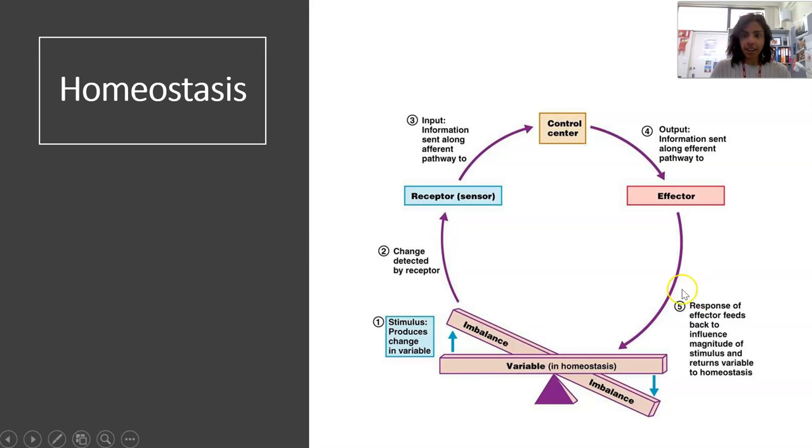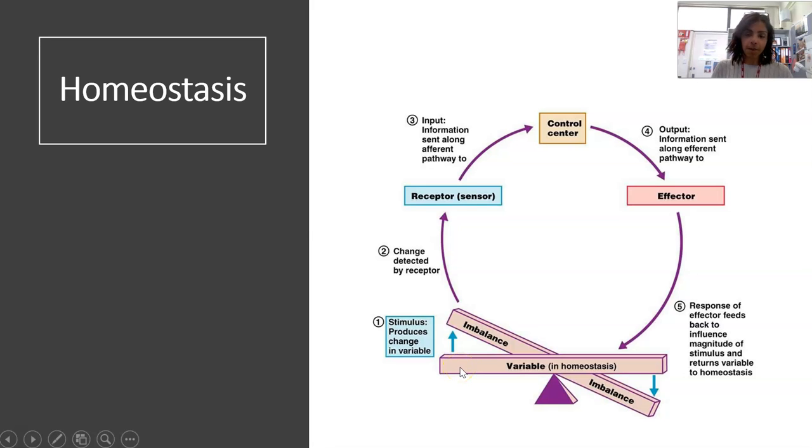All right, so how does that affect homeostasis? Well, if we look at this diagram here, what we can see is, as I mentioned before, the seesaw effect. In a perfect world, we would like to remain perfectly level at this exact point here on that beam. But that's not life.